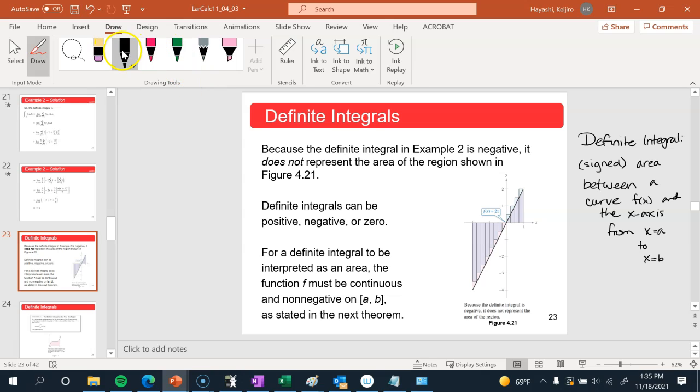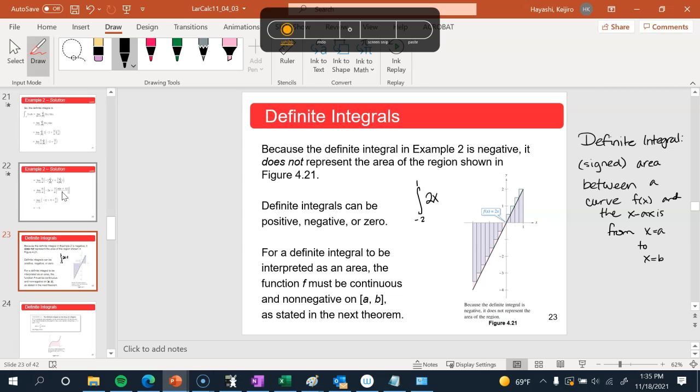So in this case, all those steps that you just saw were in order to find the definite integral from x equals -2 to x equals 1 of the function 2x.